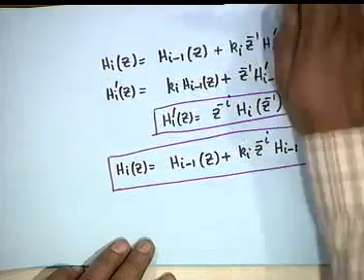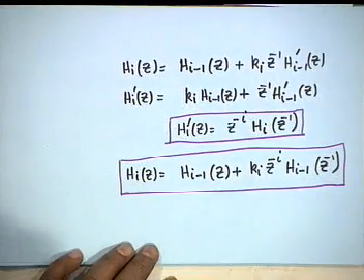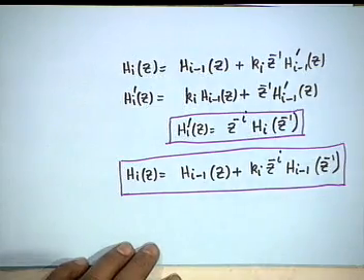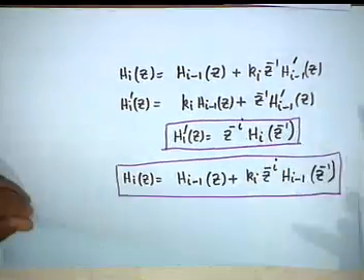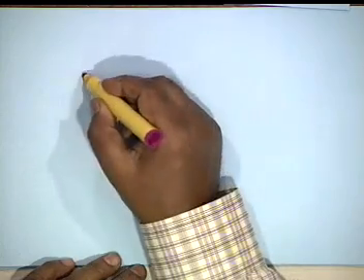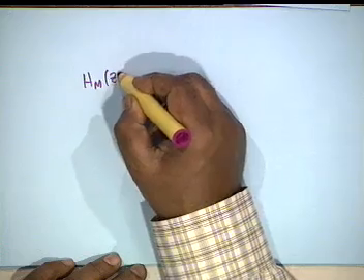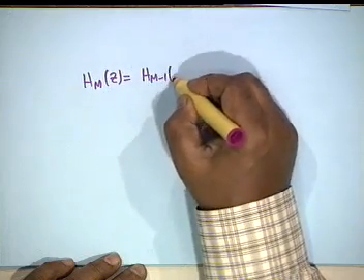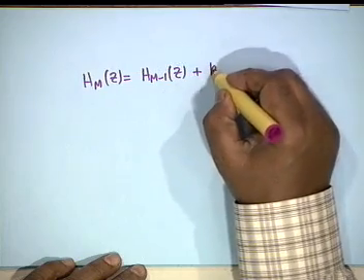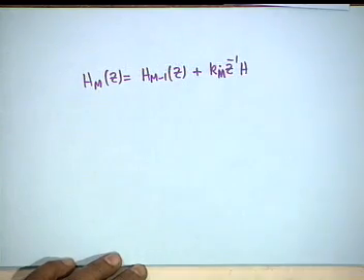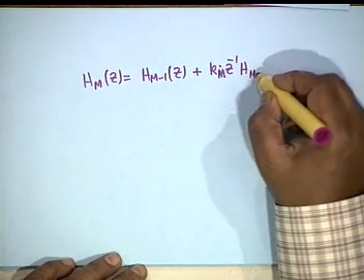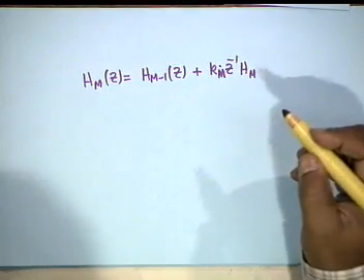Now, to that end, we put i equal to m here to be able to derive H_{m-1} in terms of H_m. Let us put i equal to m and see what the result is. We shall get H_m(z) equal to H_{m-1}(z) plus k_m z^{-1} H'_{m-1}(z).